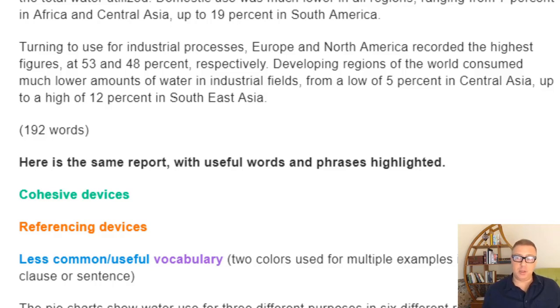And it's good for just being aware of how often cohesive devices are used, what referencing devices are. You probably use them on your own without thinking about it. And then, you can also use this for a source of good vocabulary for whatever particular topic the essay or the report or the letter is about.